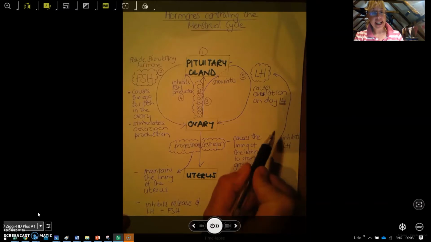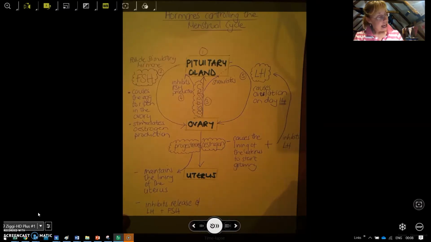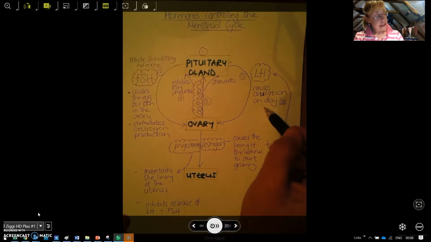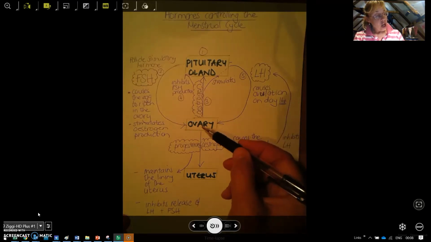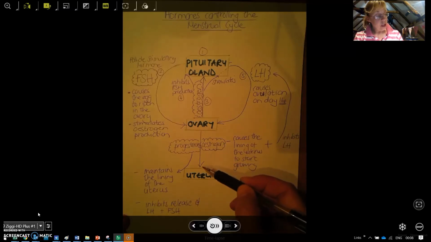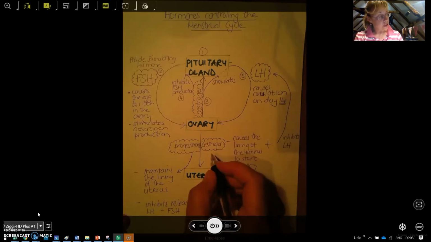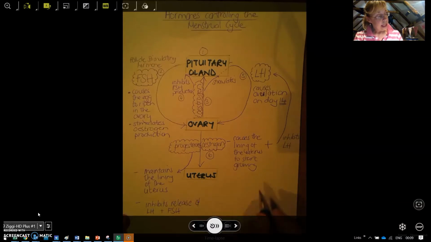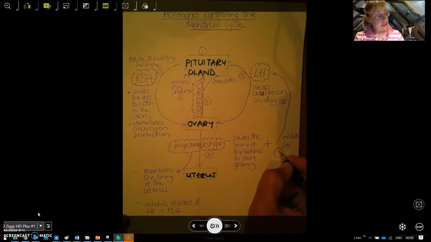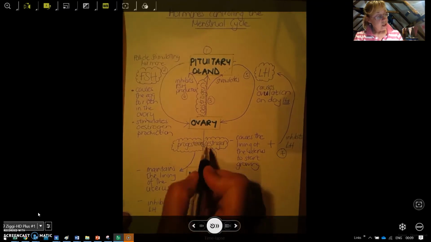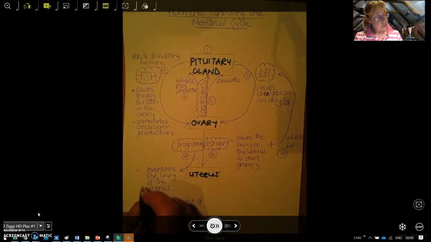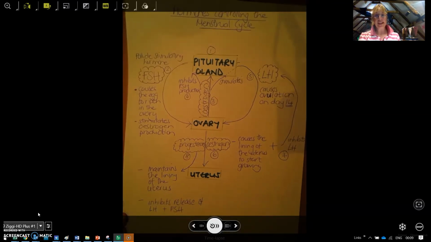It causes ovulation on day 14, which means that the egg is released. Then the ovary also secretes estrogen, which targets the uterus. That causes the lining of the uterus to start growing. So that's going to be 6. And then inhibits LH, 7. It also secretes progesterone, which maintains the lining of the uterus and inhibits the release of FSH.